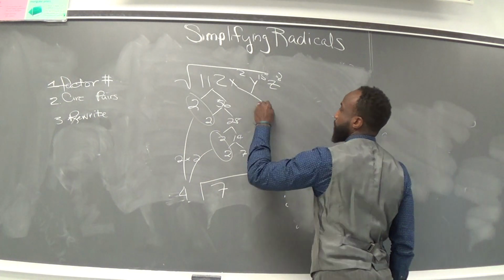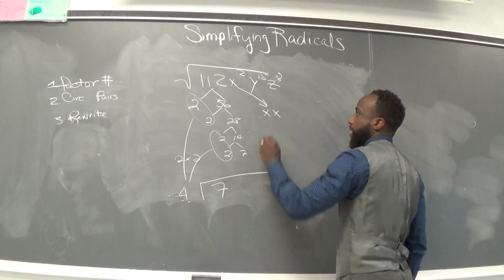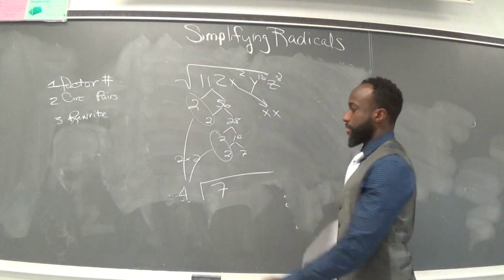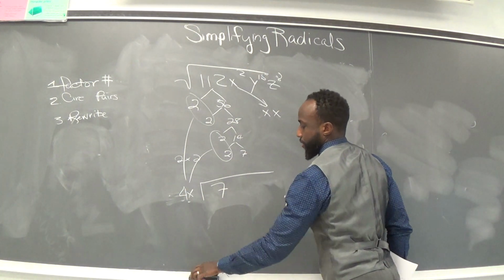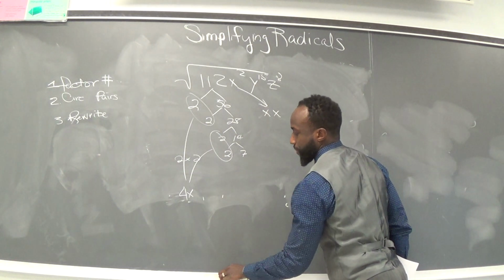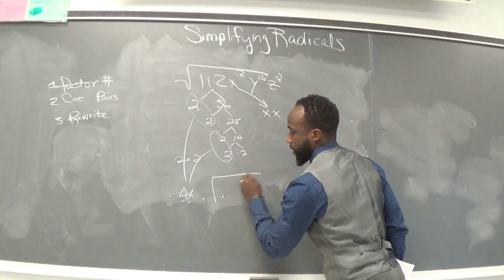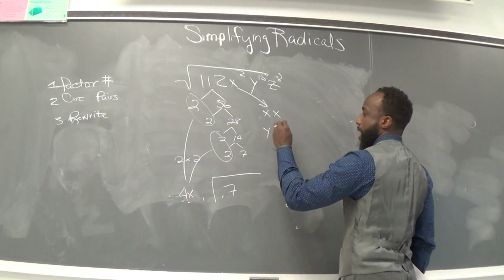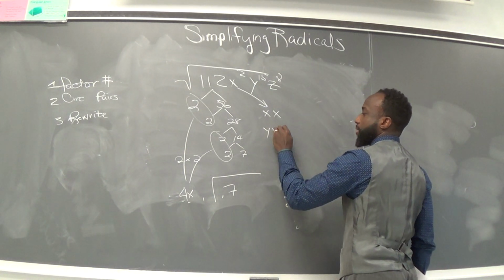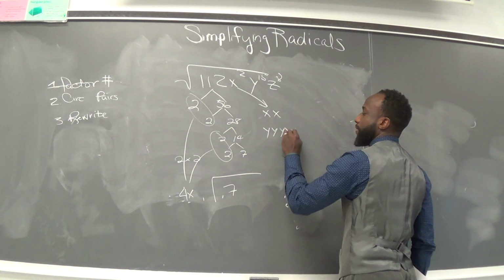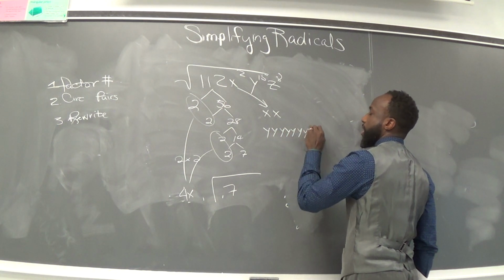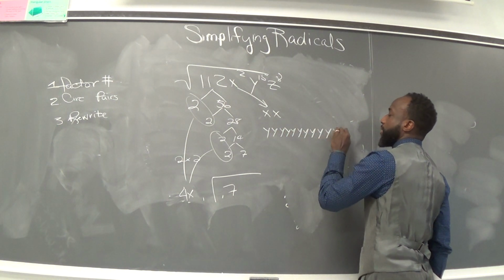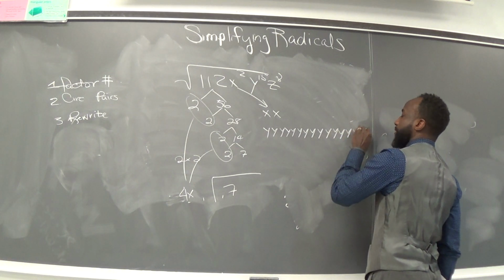Now the first thing I'm gonna do is let's focus on this x. So you got x and x, right? So x comes out here. Let's give some more space. Y to the 15, that's 1, 2, 3, 4, 5, 6, 7, 8, 9, 10, 11, 12, 13, 14, 15.